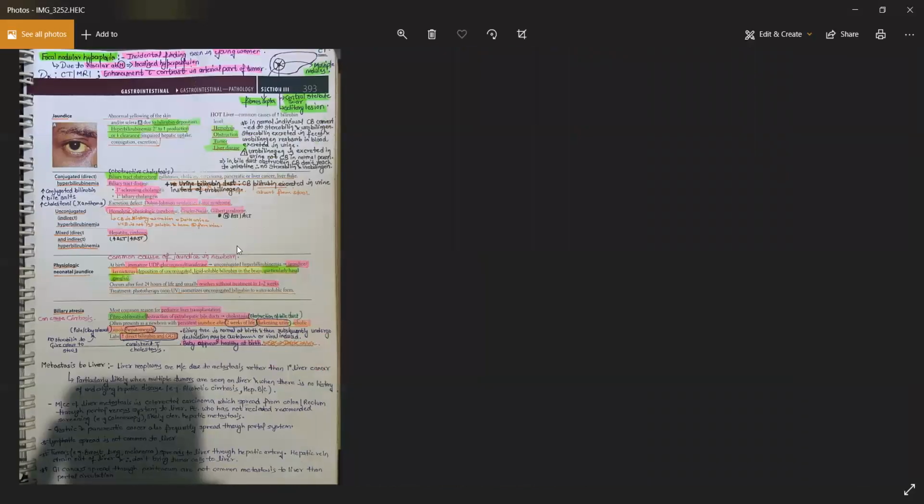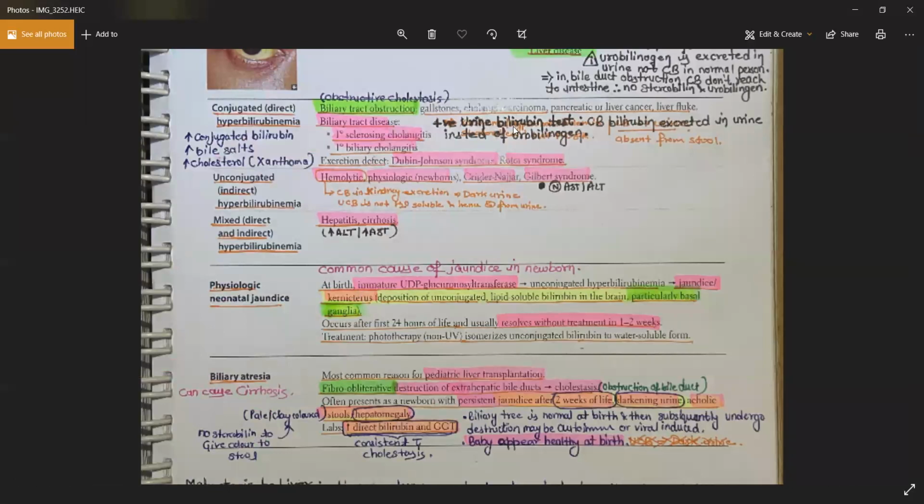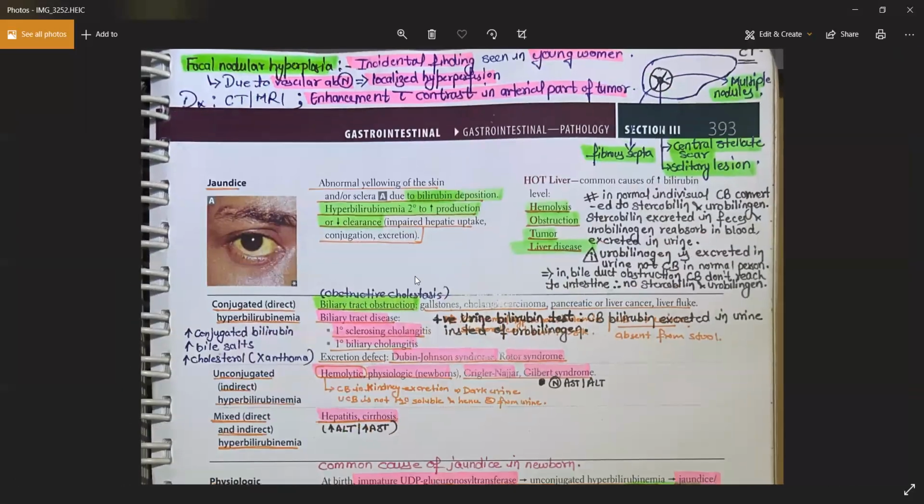Okay, now let's talk about focal nodular hyperplasia. This focal nodular hyperplasia is not a cancer.